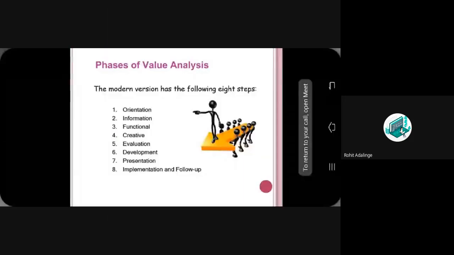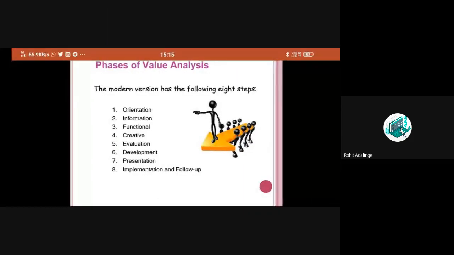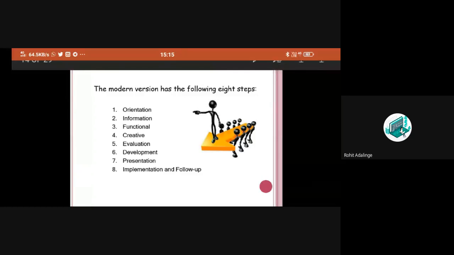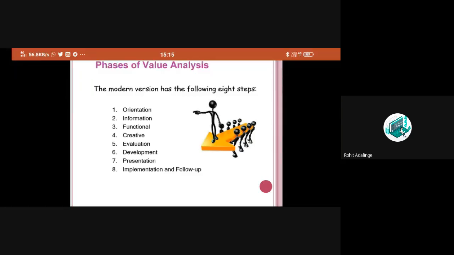Please note down phases of value analysis.